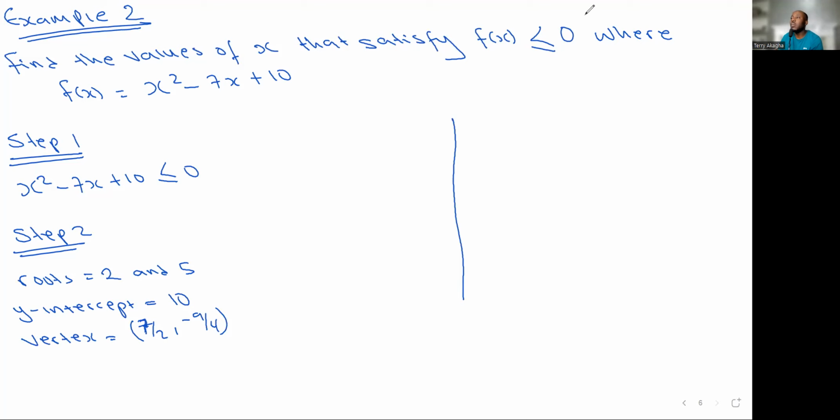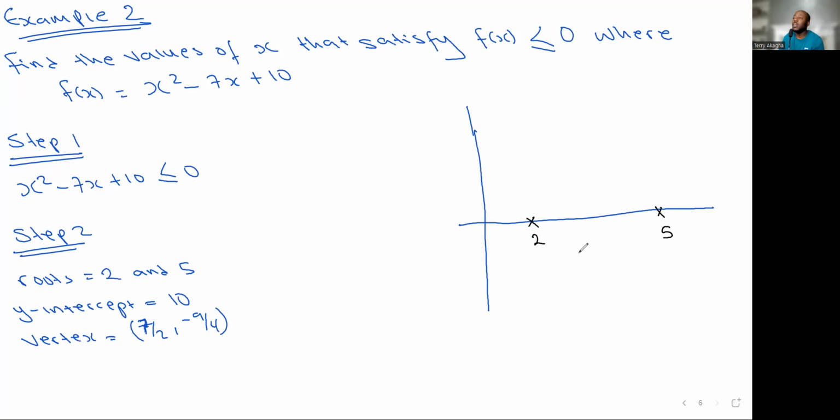All right. So draw the graph for this. We're going to have the points here. We have 2 and 5. So let's assume this is 2 and this is 5. Remember, we're sketching. So this is 10. Let's assume this is 10, the y-intercept. And also, let's assume this is the minus 9/4, somewhere here.